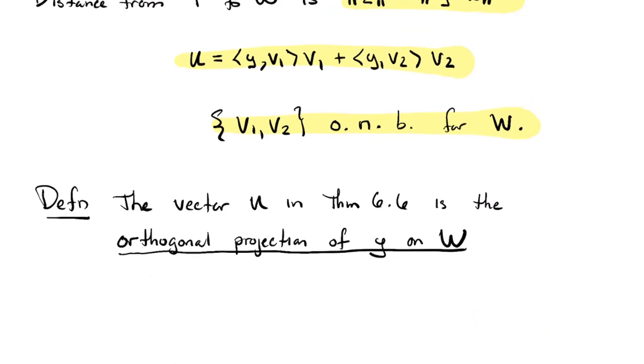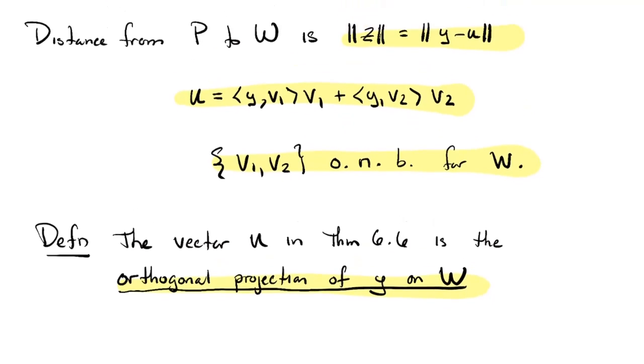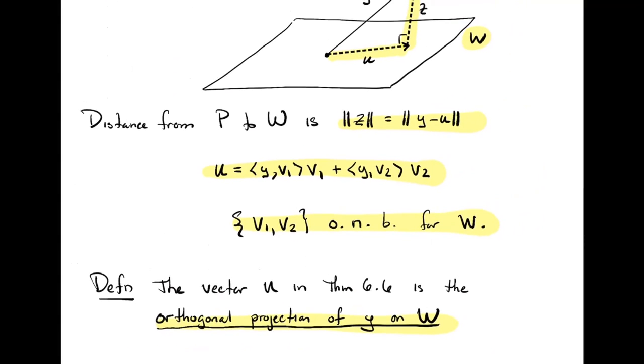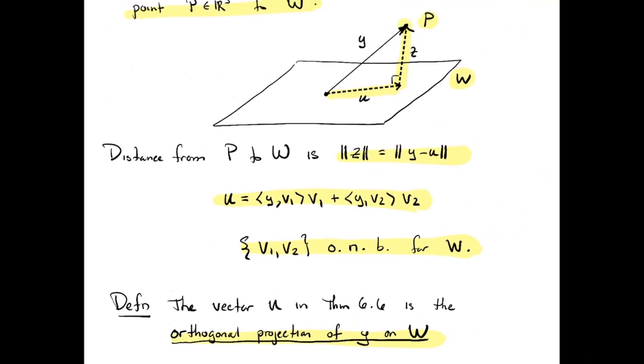That vector u in our theorem is called the orthogonal projection of y onto W. Maybe I could try to show you that picture while I'm saying that. Thinking about the plane W as being there, here's the origin of our vector space, and then I've got my vector y drawn there. And so the vector u is the sort of shadow of y. If you shine a light in the direction perpendicular to W, the vector u is the shadow of the vector y.